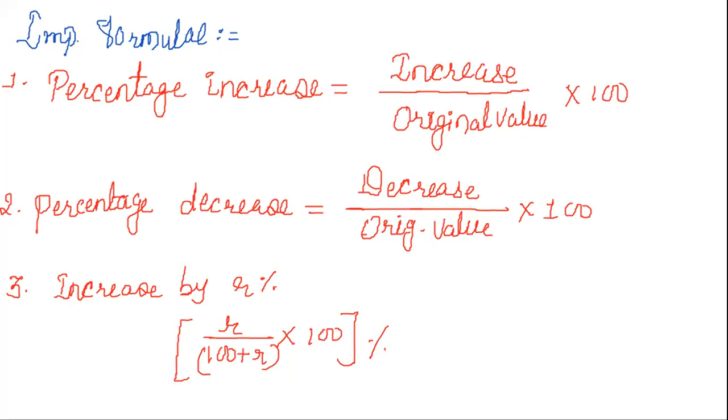Okay, the next formula: if the price of a commodity decreases by R%, then the increase in consumption so as not to decrease the expenditure can be calculated with the formula R divided by 100 minus R into 100.